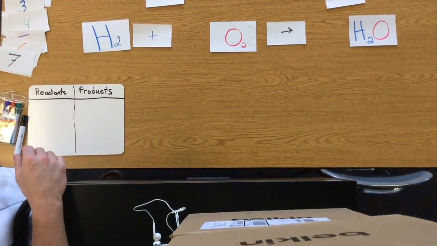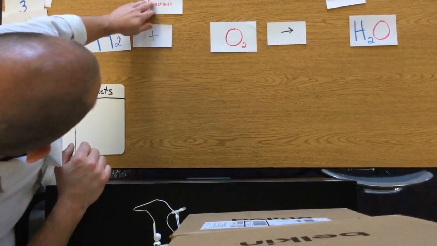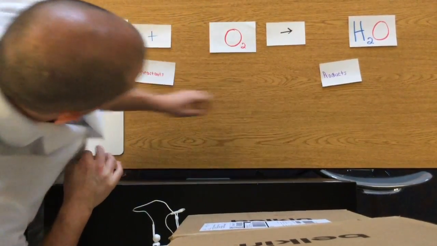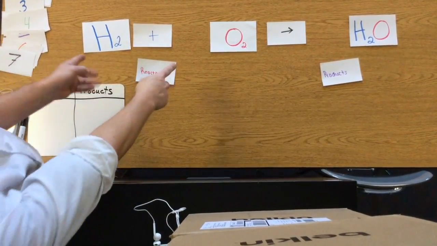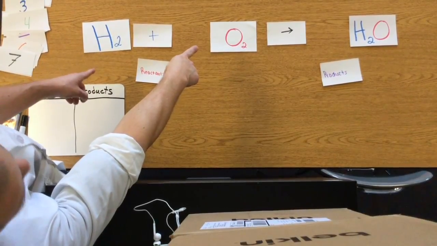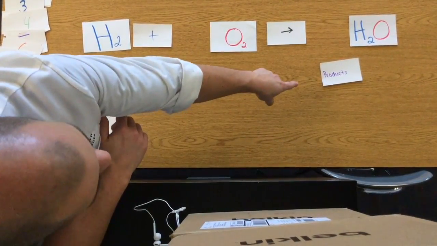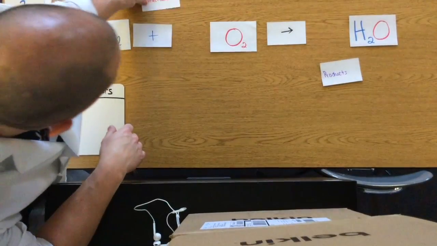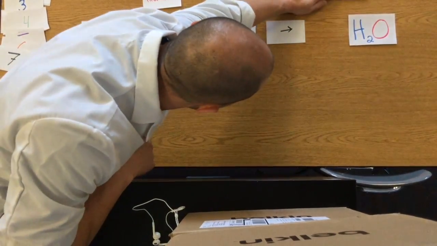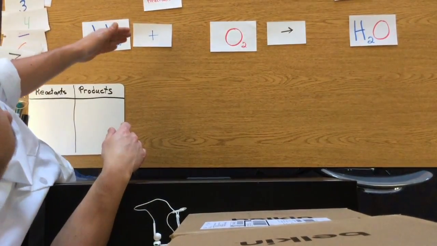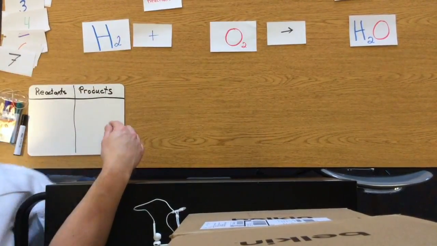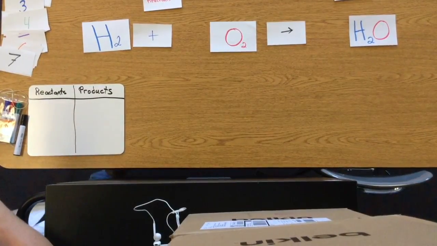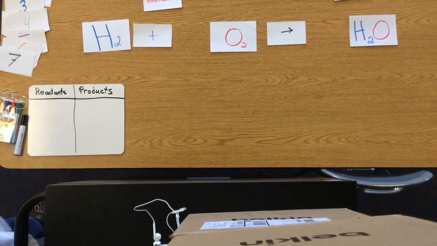Now, I'm going to keep those words products and reactants so you can see that when these two elements react, they produce a product of H2O. So I'll leave these here just as a reminder: reactants always go on the left side of the arrow, products always go on the right side of the arrow. The products are what you produce in the chemical reaction.